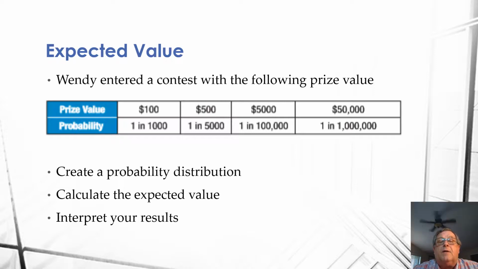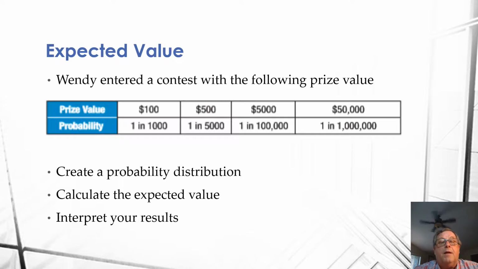It says Wendy entered a contest with the following prize values. There's a $100 prize, a $500 prize, a $5,000 prize, and a $50,000 prize. And then there is the probability of each of those values.